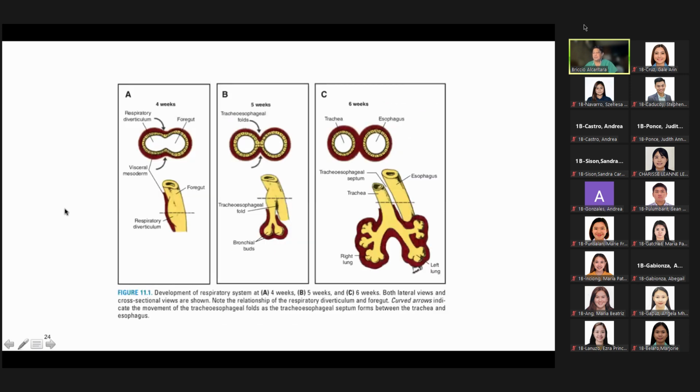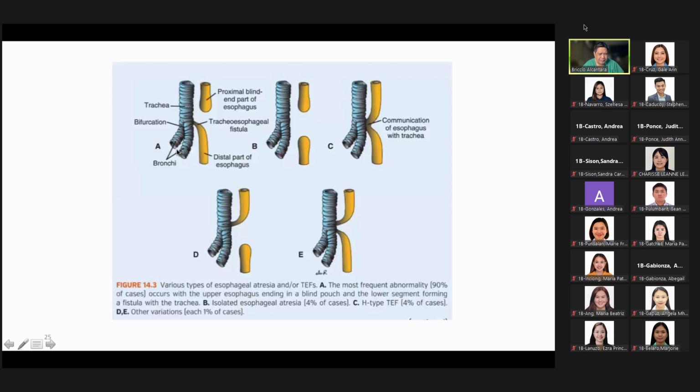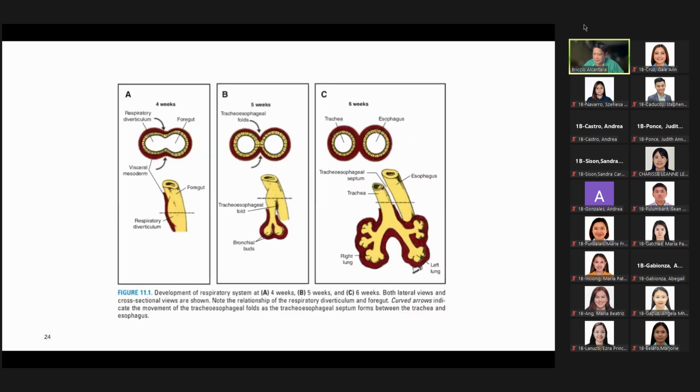So look at this one. If you look at the development here, you have your respiratory diverticulum, that is the foregut area, and that will now separate here. That foregut area will now become the esophagus. Okay. There. And then you have your septum developing.